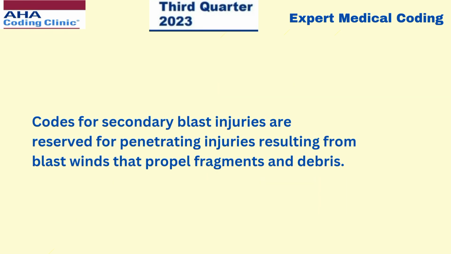And codes for secondary blast injuries are reserved for penetrating injuries resulting from blast winds that propel fragments and debris. So these codes are reserved for explosions and blast winds.